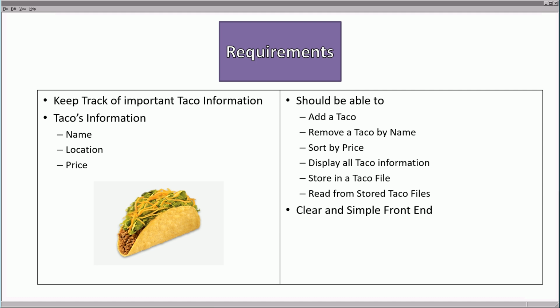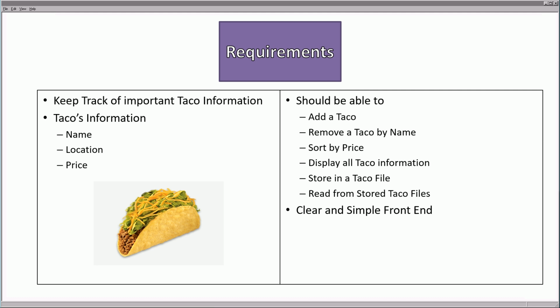Now, this is an entire collection of these tacos. So when I'm thinking about functionality that this software should have, I should be able to add tacos to this collection. I should be able to remove tacos by their name. I should sort them, and I'm just going to say, let's sort them by price. It should be able to display all of the taco information that's held in the collection.